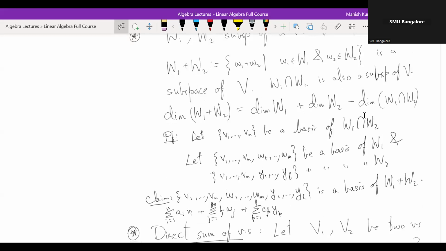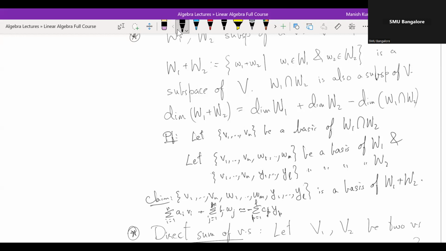Okay, so what I can do is write this as equal to minus of this thing. Okay.